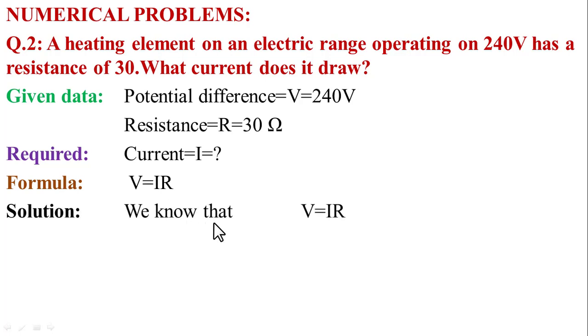As we know, according to Ohm's law V is equal to IR, then we have I is equal to V upon R. Putting the values, 240 divided by 30 is equal to 8 ampere. So the current I is equal to 8 ampere.